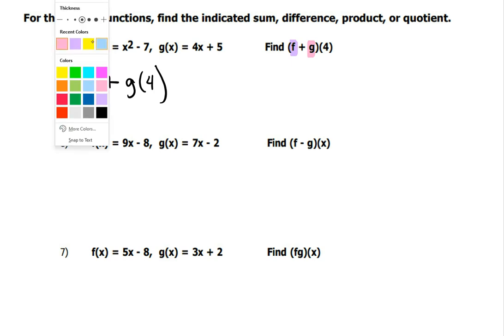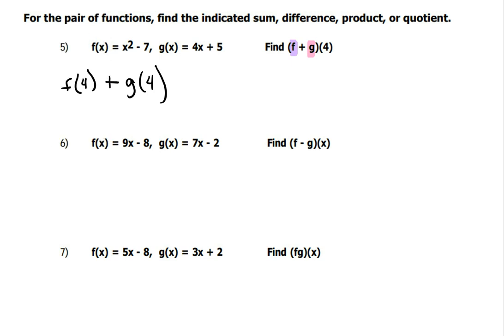So for the f function, you're going to put this 4 right here. So this is going to become 4 squared minus 7. Plus, and then for the g function, you'll put the 4 right here. And this becomes 4 times 4 plus 5.